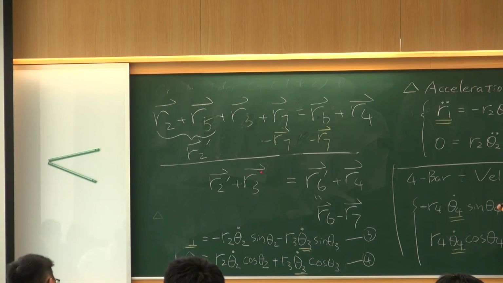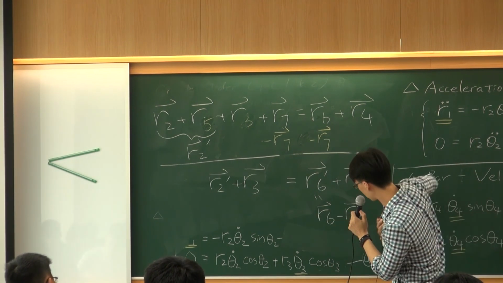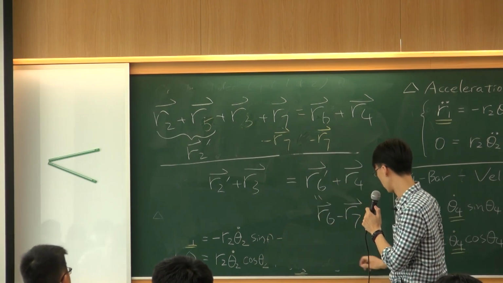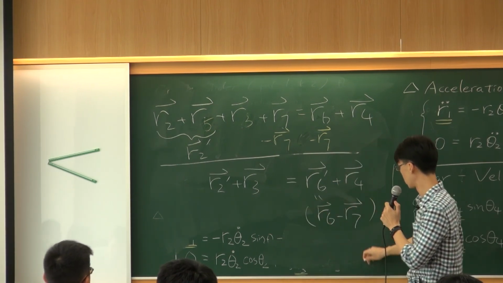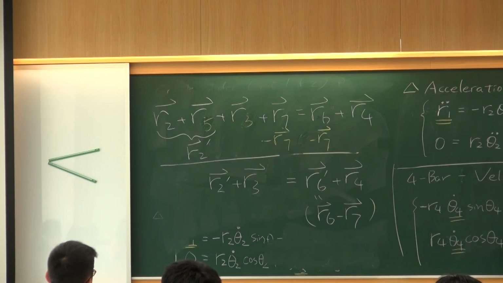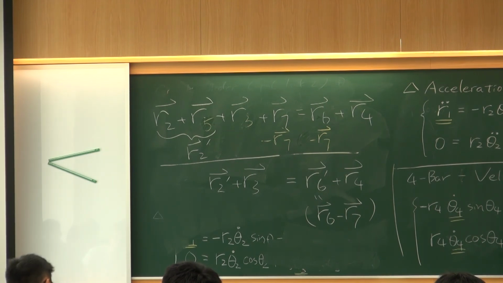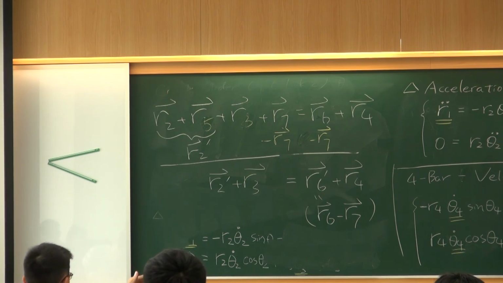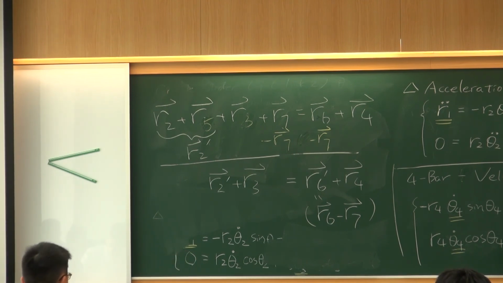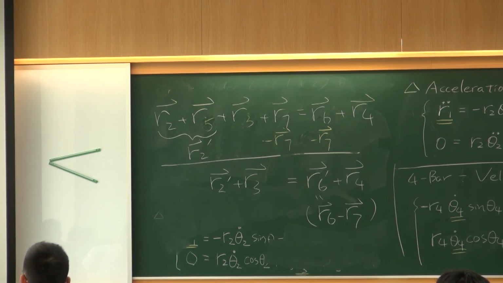So I can rewrite this equation in this form. What does it mean if I subtract R7? How is this vector going to change? If I subtract R7, then R7 will disappear. So it's like this.